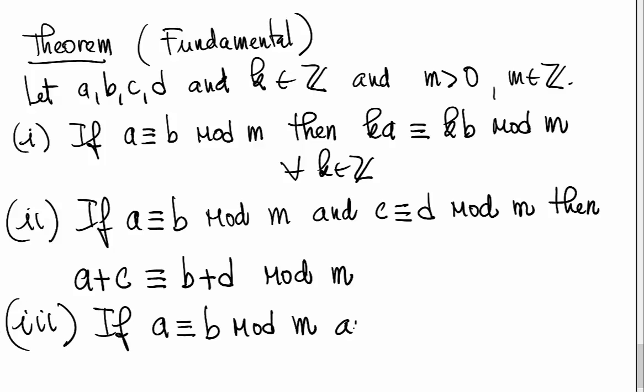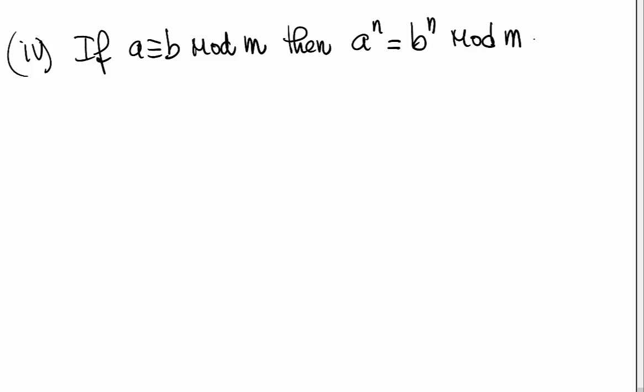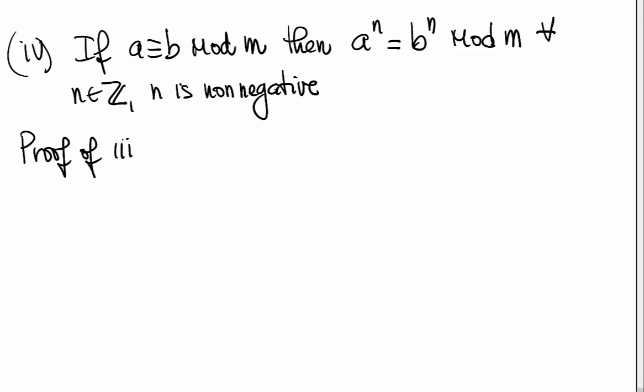Thirdly, if a is congruent to b modulo m and c is congruent to d modulo m, then ac is congruent to bd modulo m. Finally, if a is congruent to b modulo m, then a to the power n is congruent to b to the power n modulo m for any natural number n.